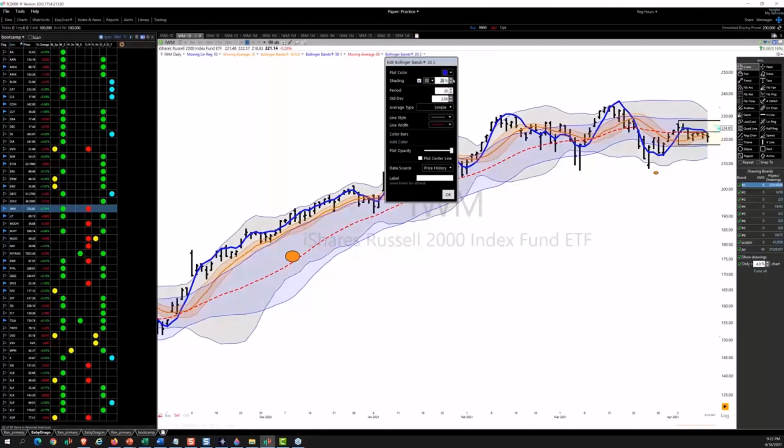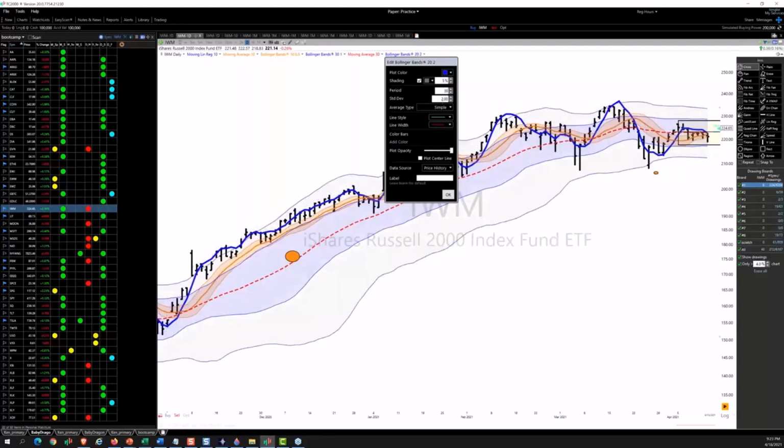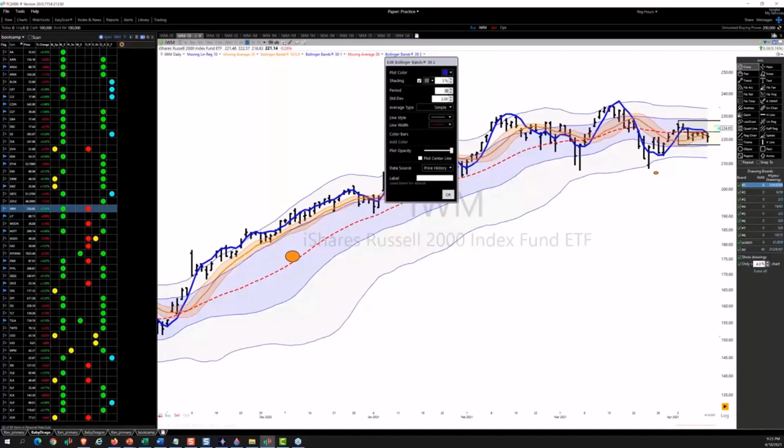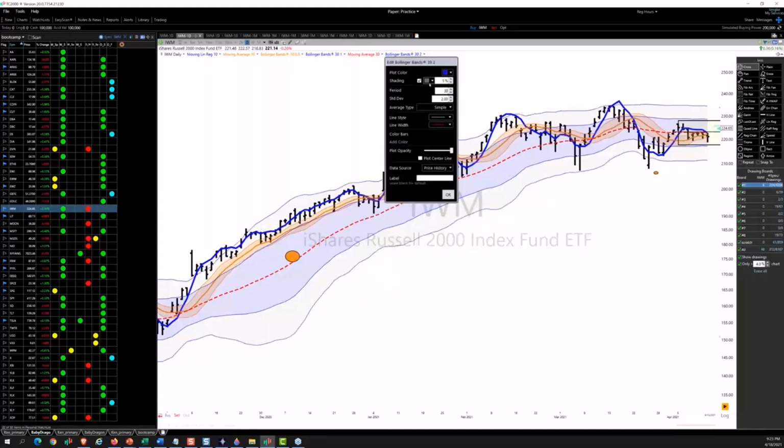I want to shade it at 5%. And that's going to be 30 period. And that's going to be plus or minus 2. And I'm not going to plot a center line because I already have the center line. Oops, I made it 39 instead of 30. Sorry about that. And I want the shading to be blue, so it looks nice and pretty. And I'm going to make the edge of that dashed, so that it looks semi-permeable.